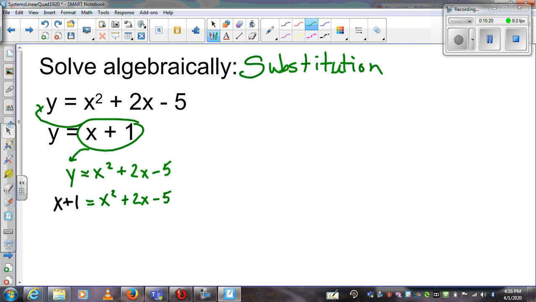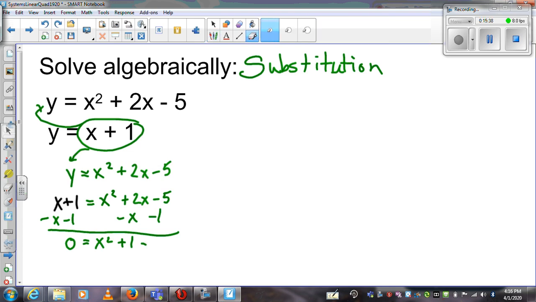Okay, now I have this lovely quadratic equation that I have to solve. And I think I want to try solving it by factoring, but I'm going to have to get it set equal to 0. That would be standard form. So I end up with 0 is equal to x squared plus 1x minus 6.